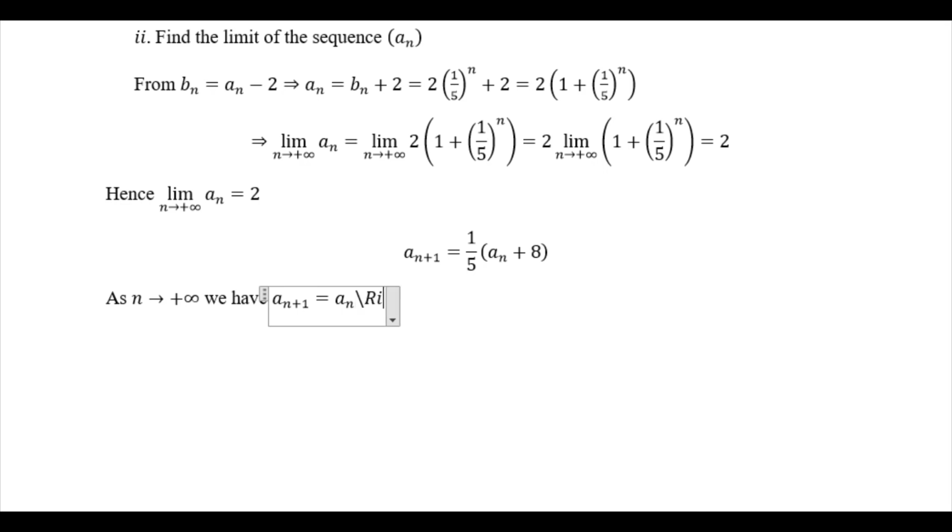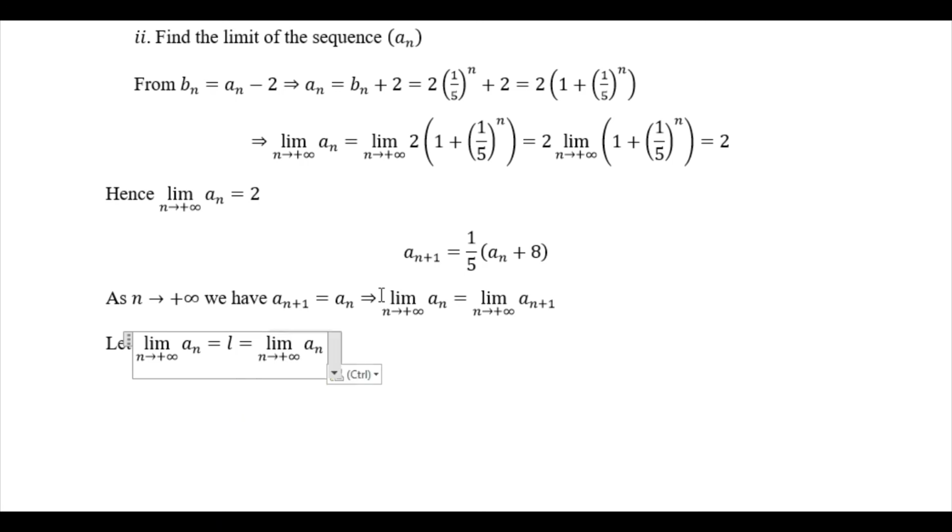So this means that we can compute the limit on both sides. So the limit of a of n plus 1 will be the same as the limit of a of n. Let the limit of a of n be equal to L. So this will be the same as the limit of a of n plus 1.